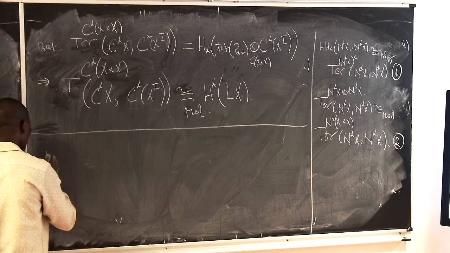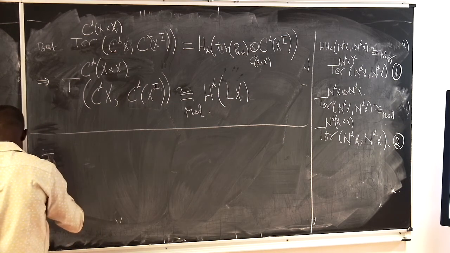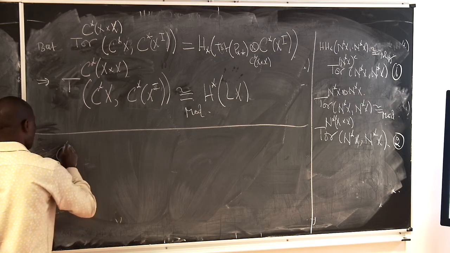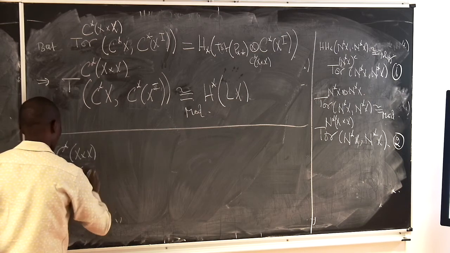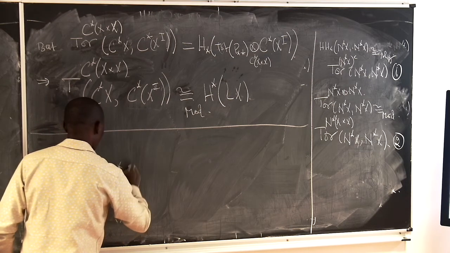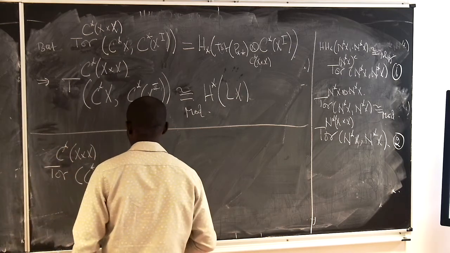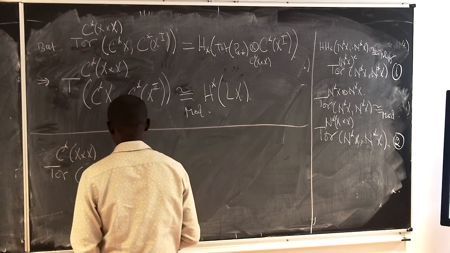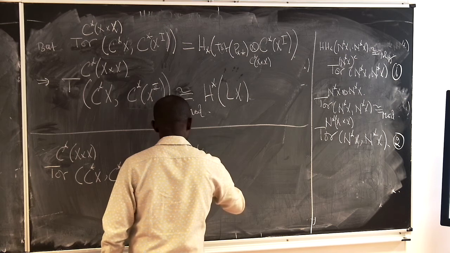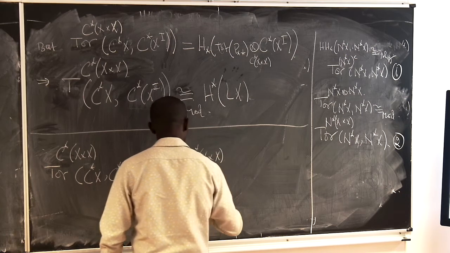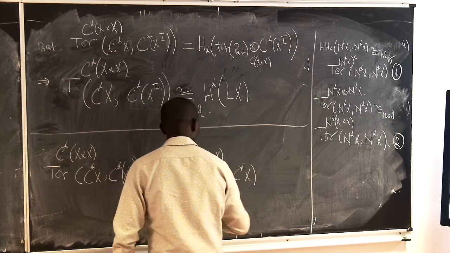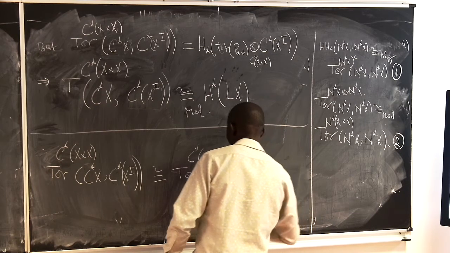We have this relation. We have the torr of, is isomorphic to, which is isomorphic to, and this one is isomorphic to.